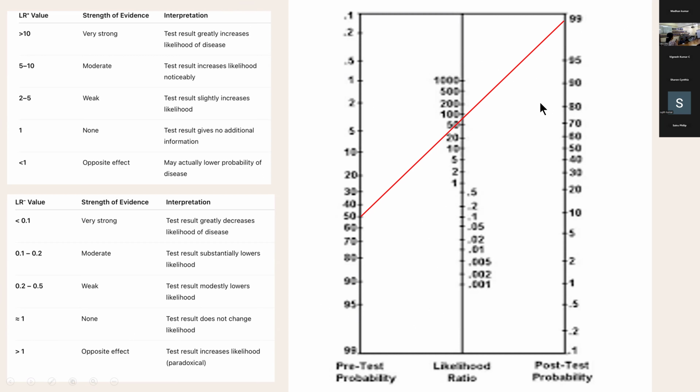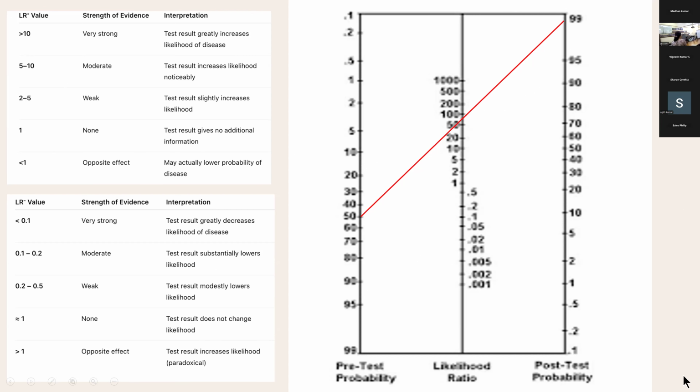What was your pretest probability there? 20 or 10. Okay, even if you look at 10, I don't have a line for it, but if you go from 10 with a likelihood ratio of 75, that still gets you to almost 95% probability that this patient has TB.